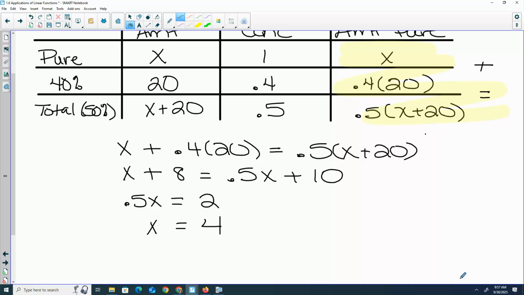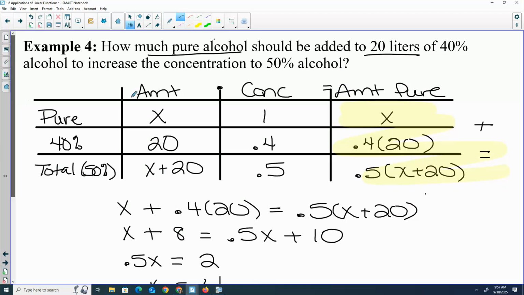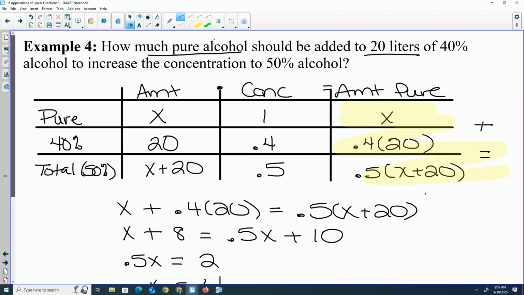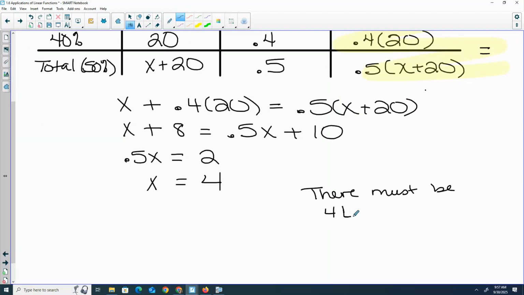How do we always answer it? Yep, word form. So if I look back, the question was how much of the pure, and that's what X represented, so there must be 4. Okay, 4 was in my amount column, so my amount was measured in liters here. So we need 4 liters of the pure solution.